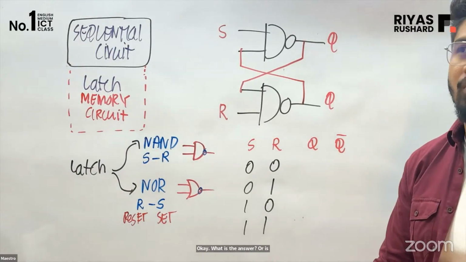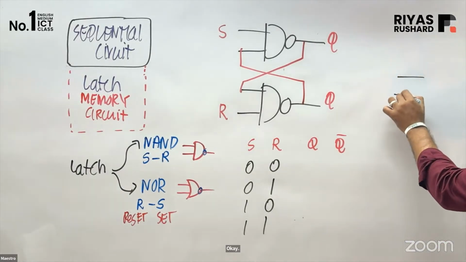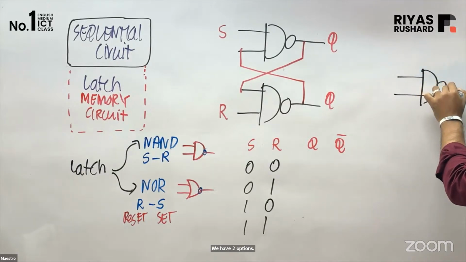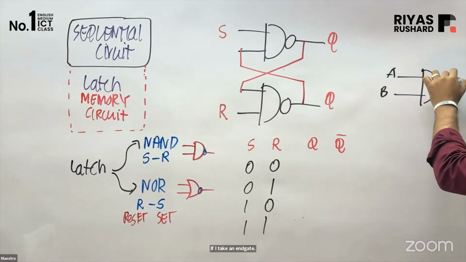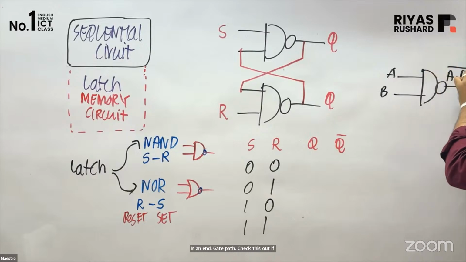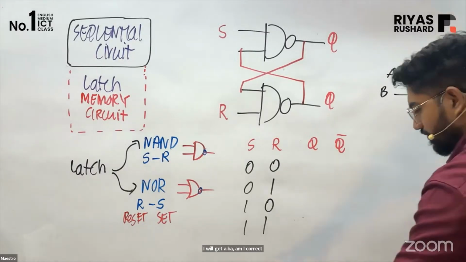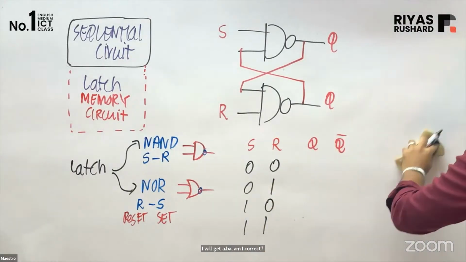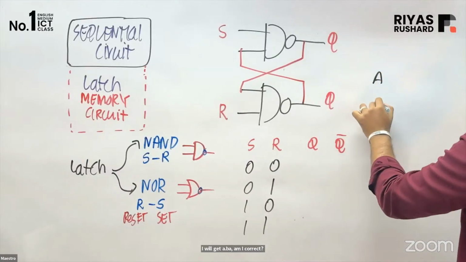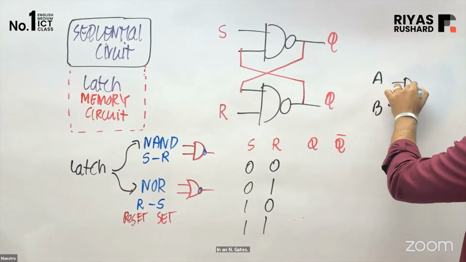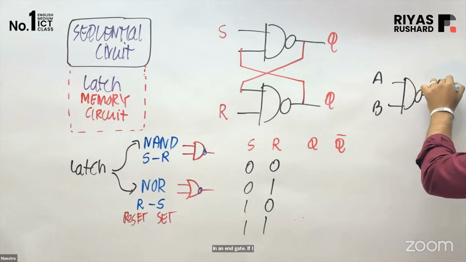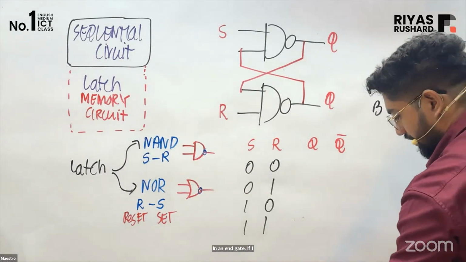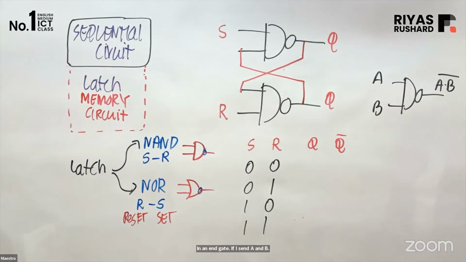If I take a NAND gate, if I send A and B, I will get the answer (A dot B) bar.